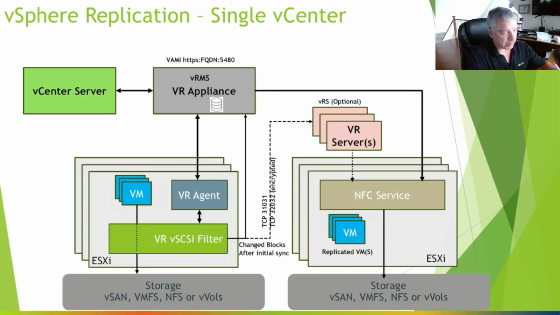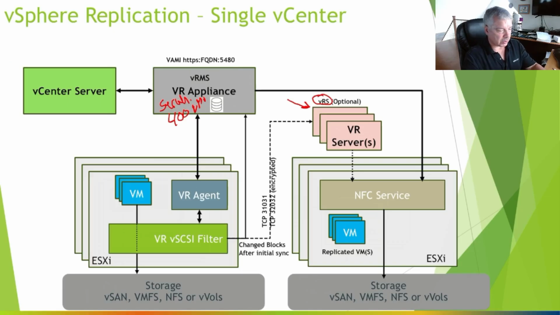And what that means is this server component can handle up to 400 VMs. Well, let's say you've got 800 VMs or 900 VMs or whatever. We would then deploy optional vSphere replication server components. So the ISO will have the OVFs for the management server and just the replication server.